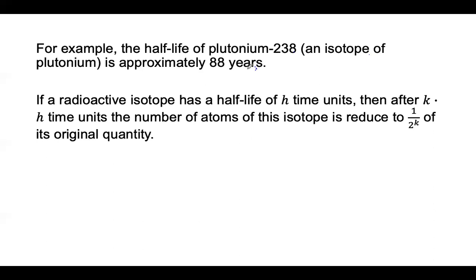So let's say at birth, you had some plutonium when you were born, and 88 years later, you would have half of it. You would have half that amount, whatever you begin with, is the idea.